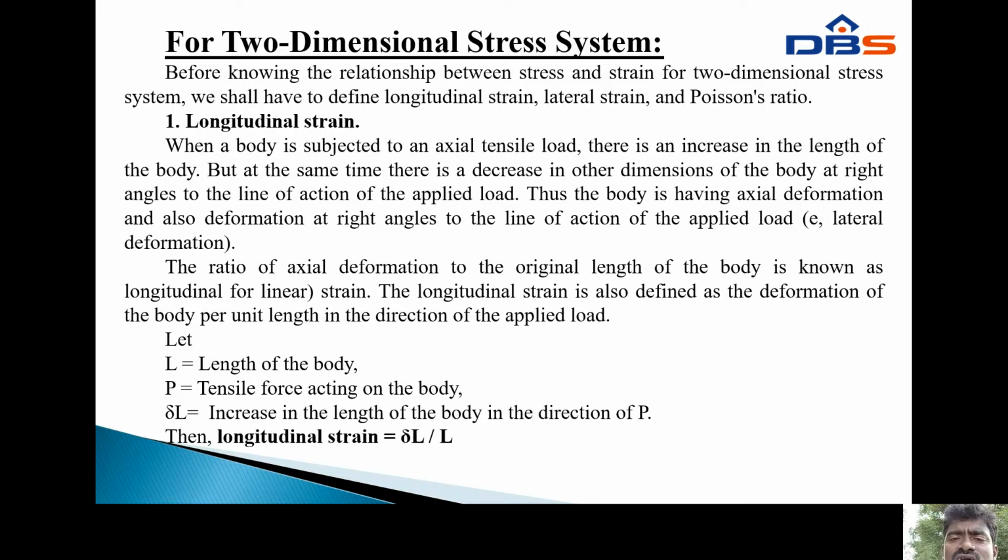Now the ratio of axial deformation to the original length of the body is known as longitudinal or linear strain. Longitudinal strain is also defined as the deformation of a body per unit length in the direction of the applied load.